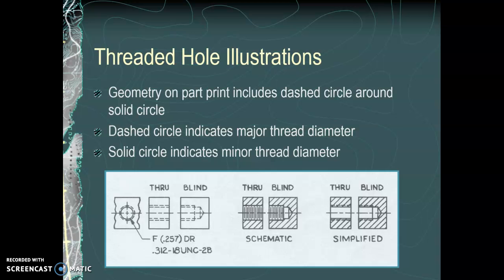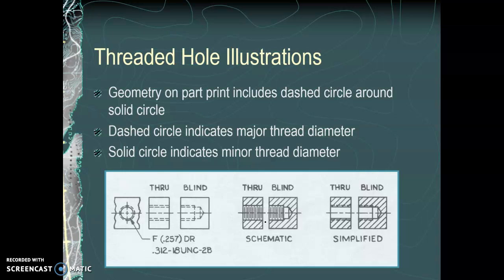Now, as far as representing these threaded holes on our drawings, we can do it in a couple of ways. Two basic options here for showing the internal threads in a hole. There's this schematic method, which is not really hyper realistic, but sort of alludes to what the threads look like.